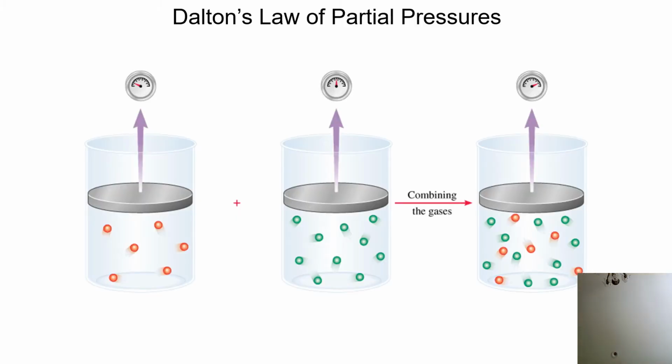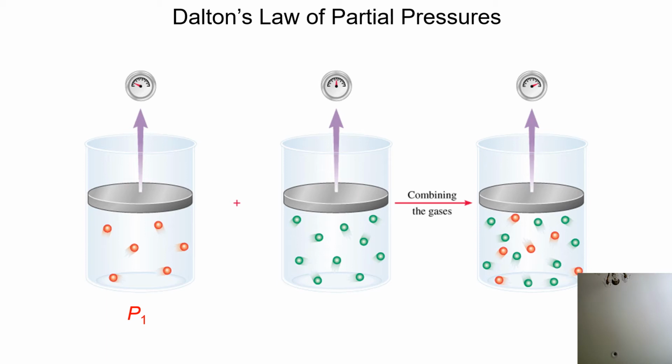So now we're going to introduce one more gas law, and it's called Dalton's law of partial pressures. In this relationship, we are going to look at the pressures of gases that are in a mixture. So for any gaseous mixture in a container, the total pressure is equal to the sum of the partial pressures of the component gases.